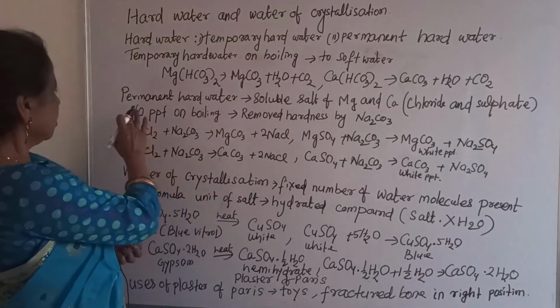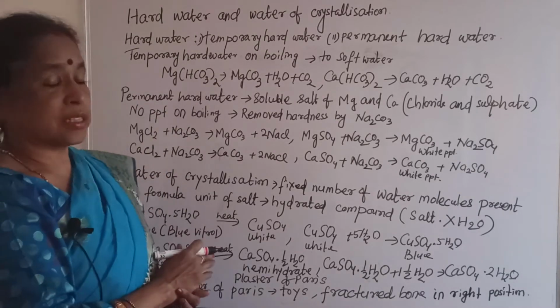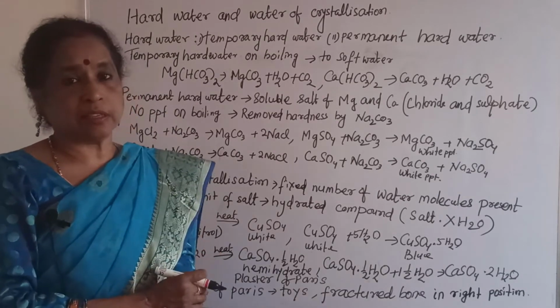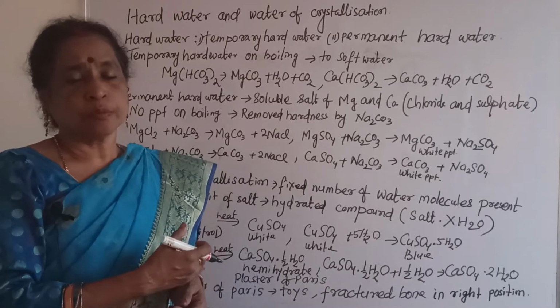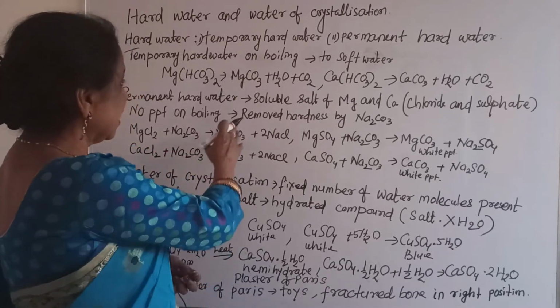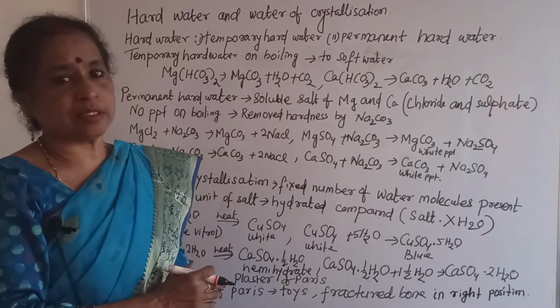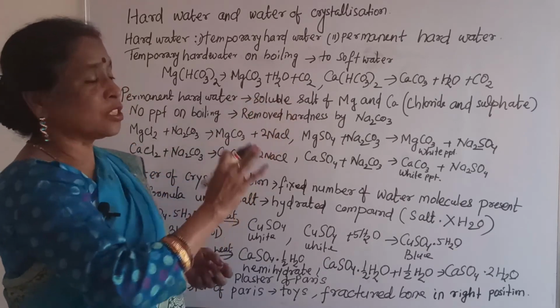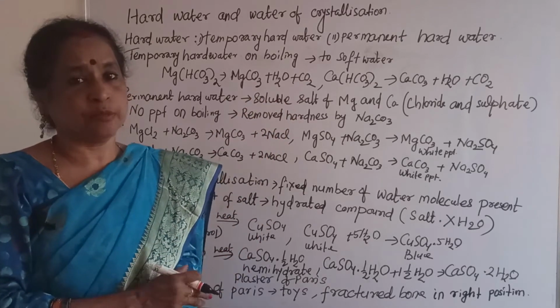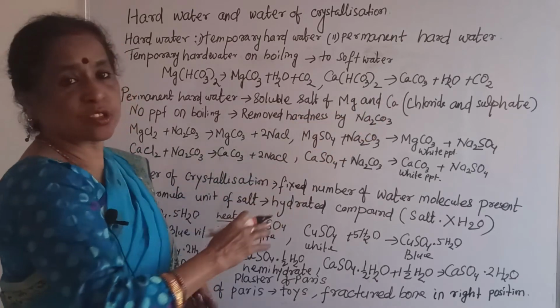But when we come to permanent hardness, how can we remove it? What is permanent hard water? It contains soluble salts of magnesium and calcium, that is chloride and sulfate.